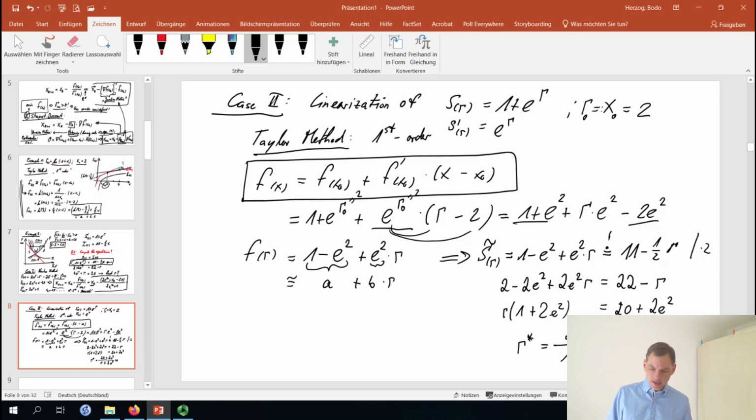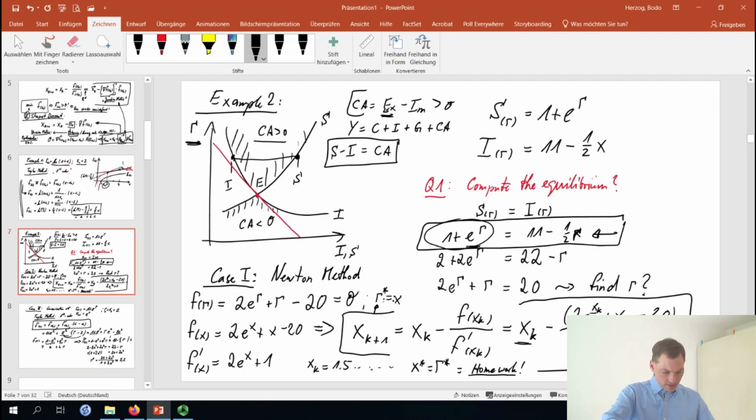Well, if you calculate this on your calculator, you obtain an equilibrium point of approximately 2.2. So now, from our graphical point of view, if we go back for a moment, we have found this point 2.2.